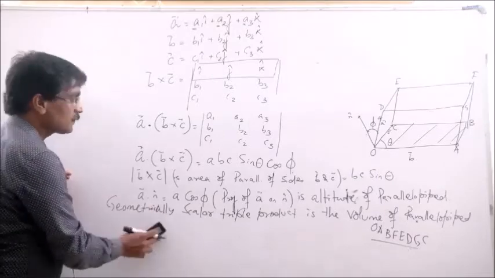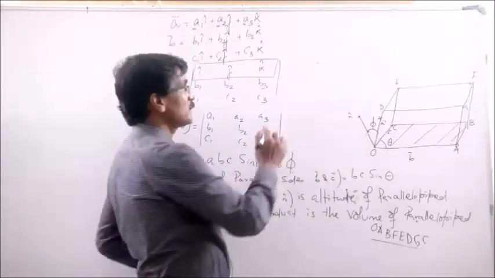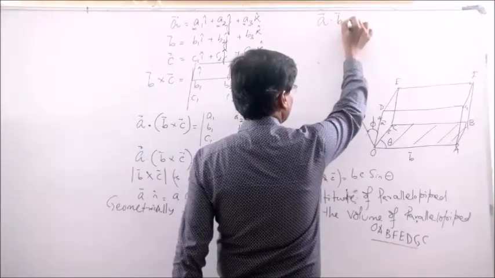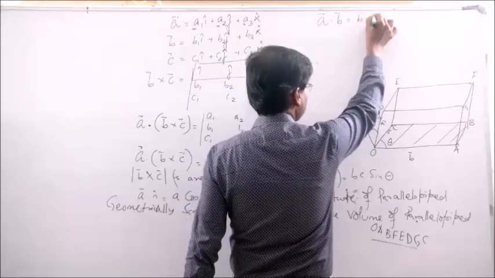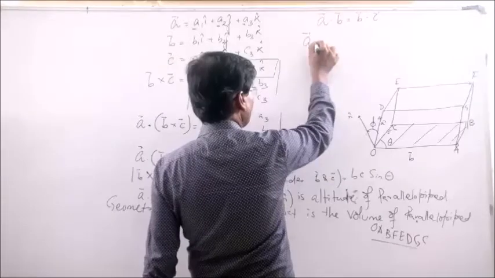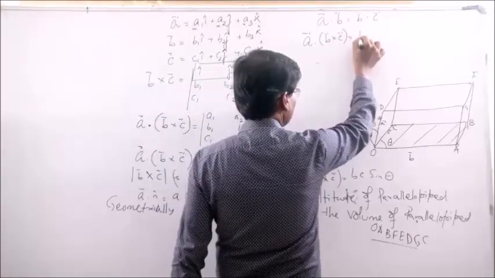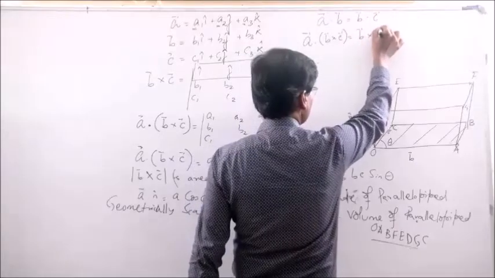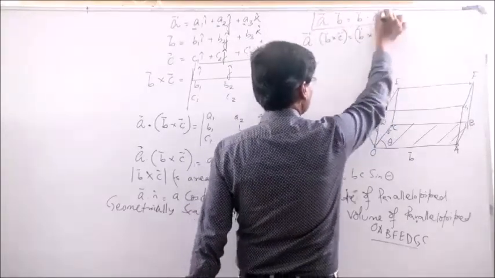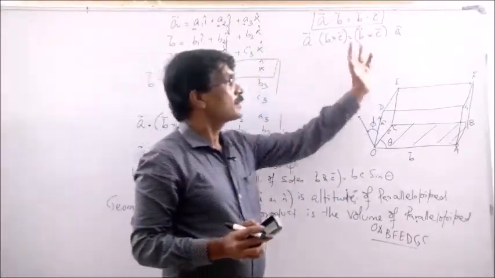Now you know that scalar product is commutative, that is A dot B is equal to B dot A. So A dot B cross C is equal to B cross C dot A, as scalar product is commutative.